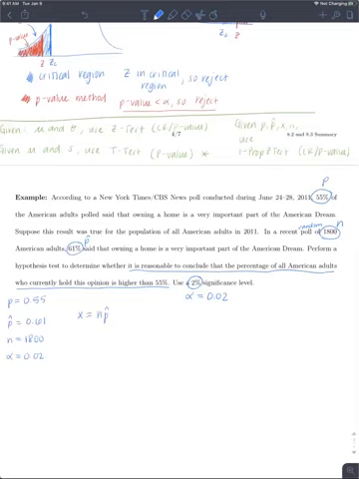And so here, I'm gonna have that X is equal to 1,800 times 0.61. So if you think about this, X is the variable that represents the number of people that said yes to this question, right? Is this a very important part of the American dream? Either yes or no. And 61% of those 1,800 people said yes. And so that's what this X is doing.